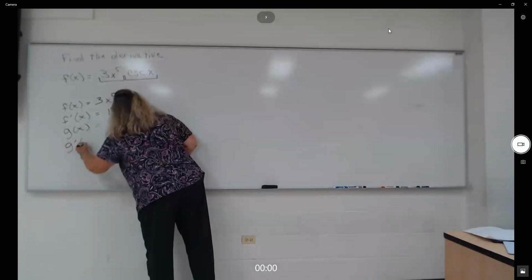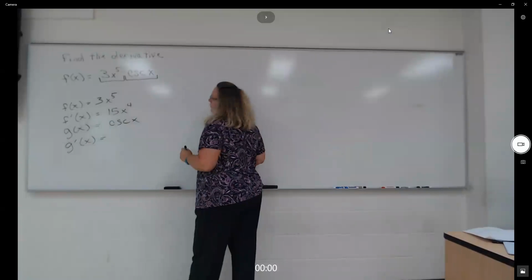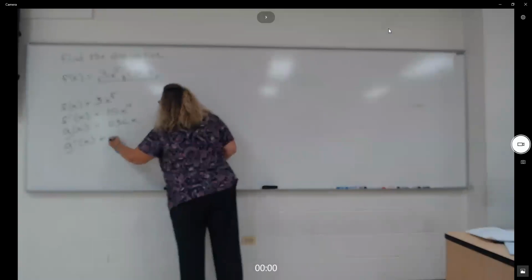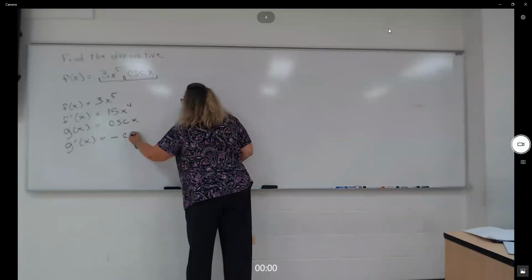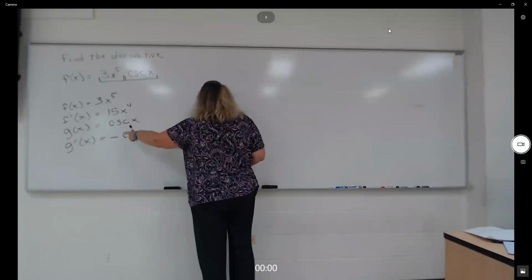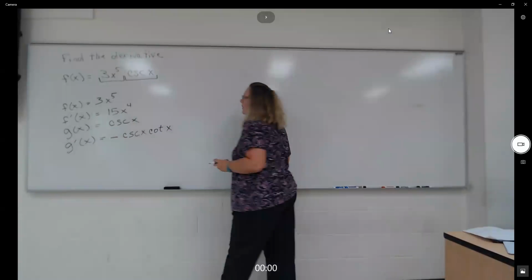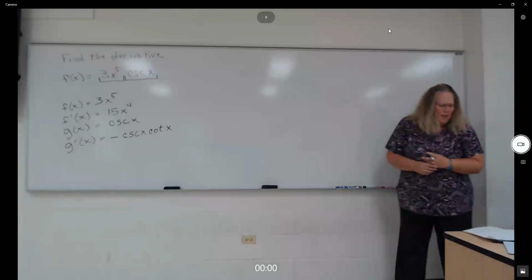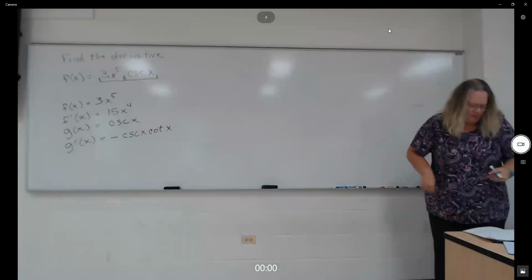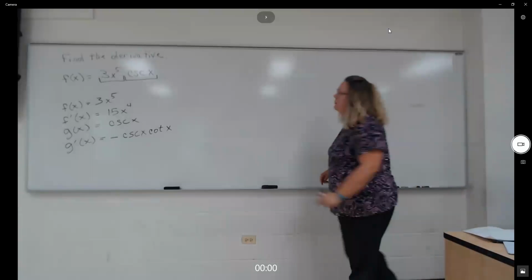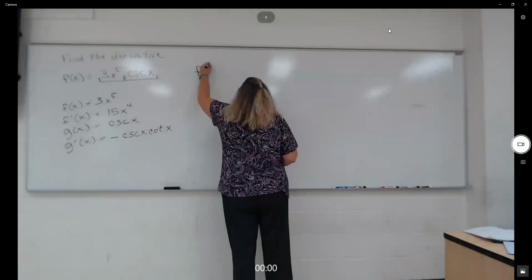Okay, now its derivative is negative cosecant cotangent. I don't think this really simplifies much, so it's just a matter of plugging it in, so we can go right to the derivative.